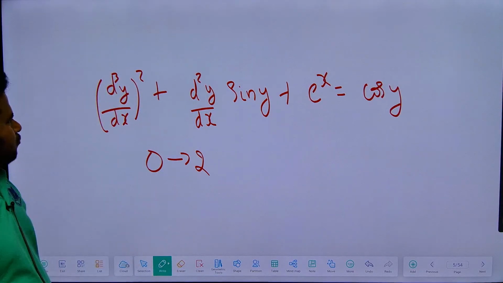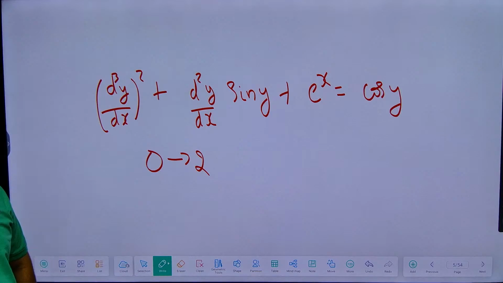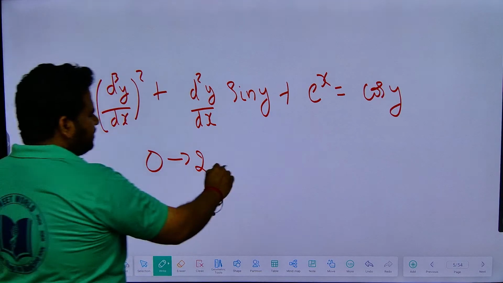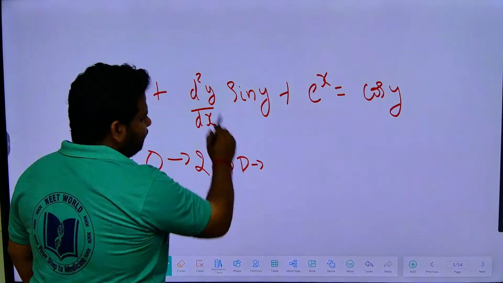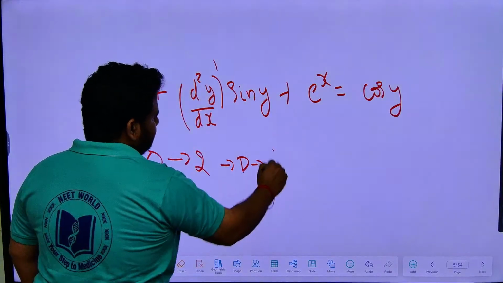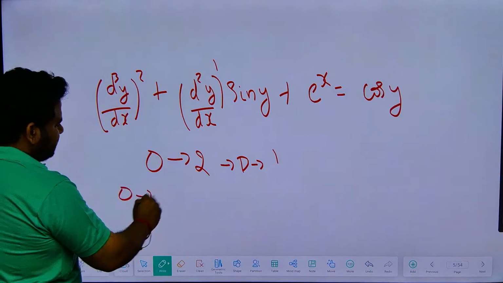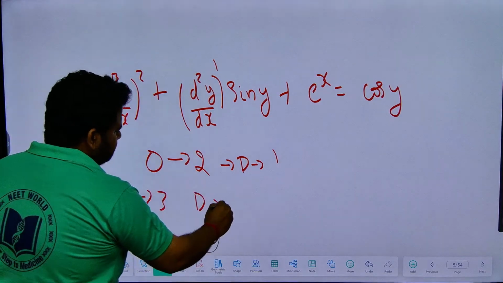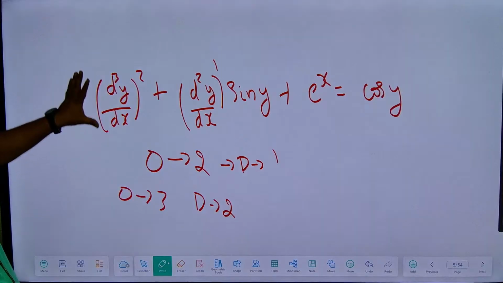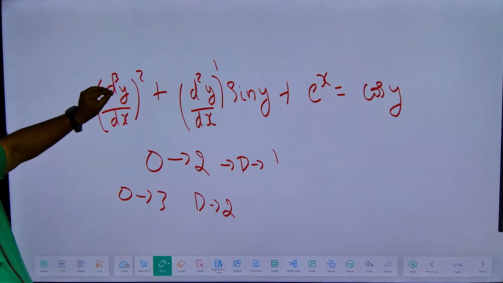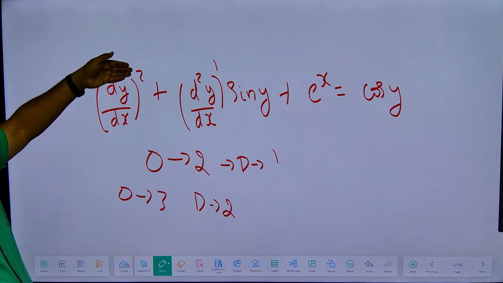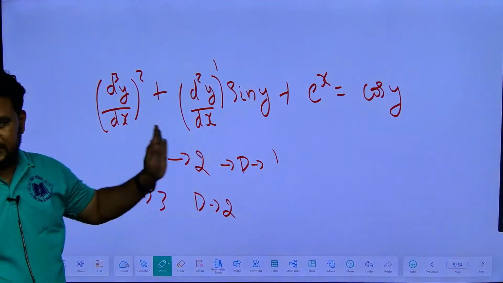Now, what is the order? The order is 3. Earlier the degree was 1. Now the order is 3 and the degree is 2. So once you consider this order, for this order only you will be having the degree. Remaining you should forget. That is one thing.